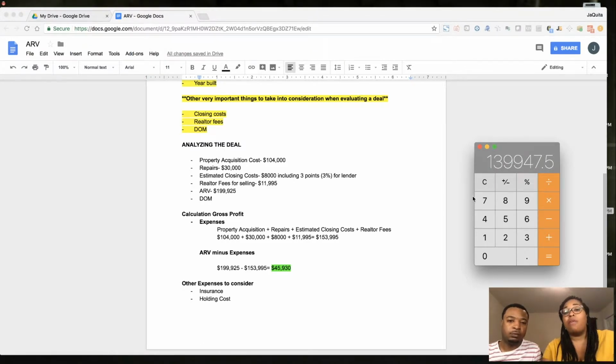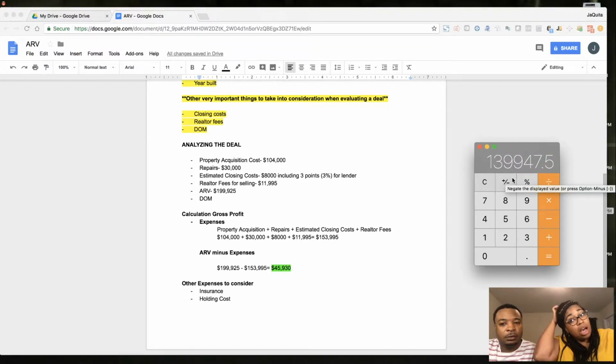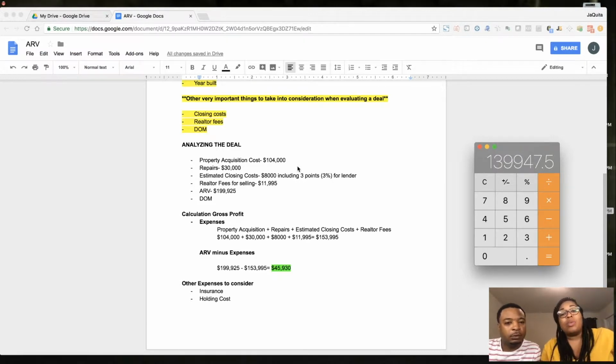You actually have about a $5,000 threshold, wiggle room. So your lender will most likely lend you the 139,000, close to 140,000, and your cost for acquisition is only 104, plus you're looking at $30,000 in repairs. This is a great deal for anyone. That's why I wanted it so bad.